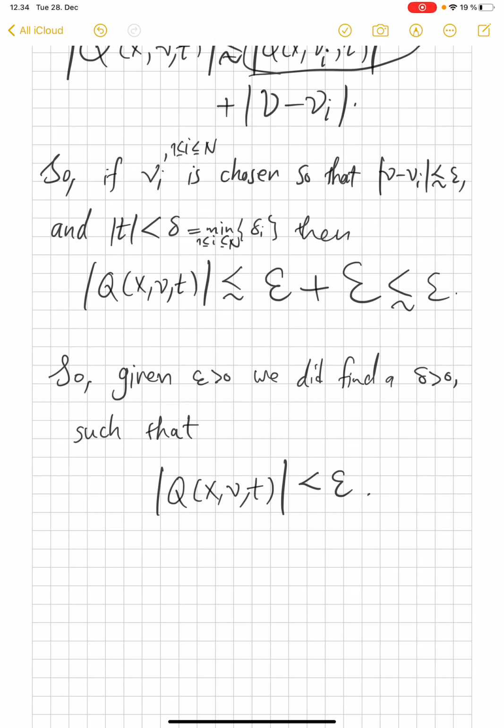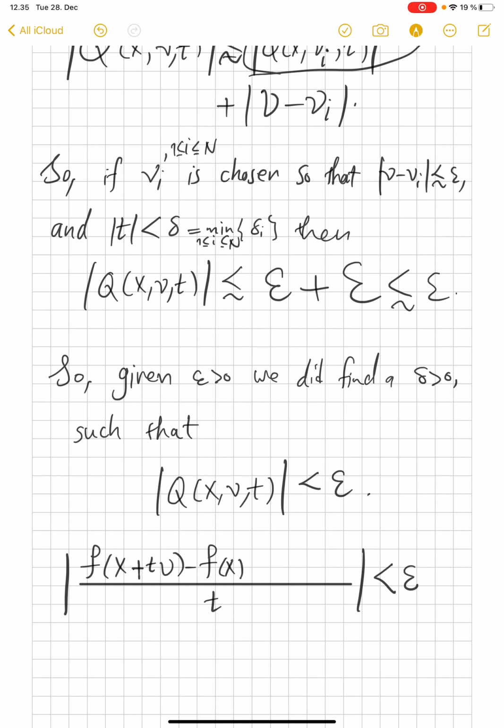And let me one last time recall what this Q(x, v, t) was so that you can see how close we are to the proof of differentiability at x. So this would be the difference quotient minus f of x minus the gradient of f at x dot product with v.